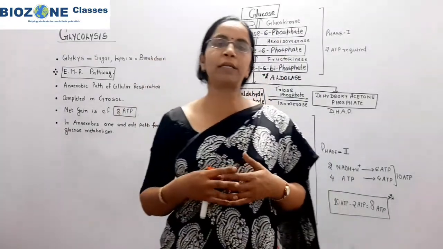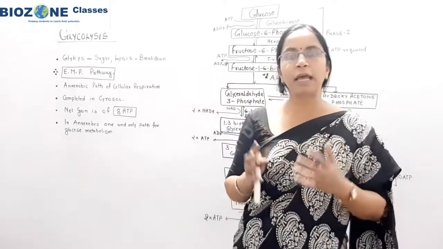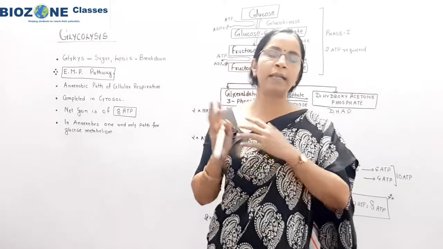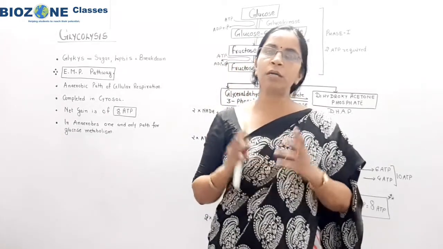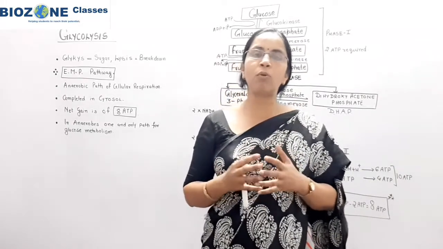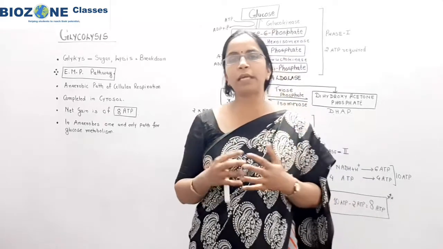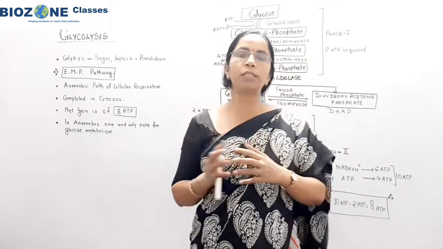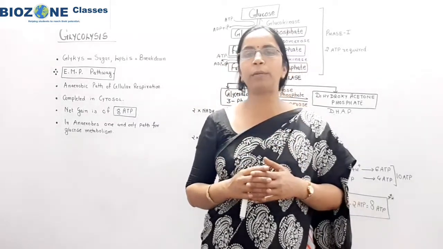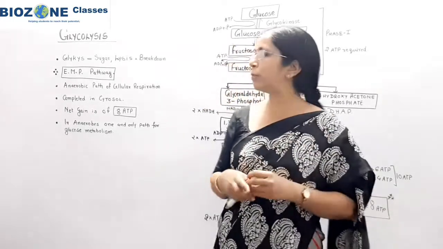So glycolysis, remember, is a Greek term and it is made from glycos as well as lysis. Glycos का meaning होता है sugar, and the term lysis stands for breakdown. That means the process or pathway responsible for the breakdown of sugar. What kind of sugar? Simply remember, the monosaccharide glucose. So when glucose undergoes a pathway and breaks down into two molecules of pyruvic acid, that pathway is called glycolysis.